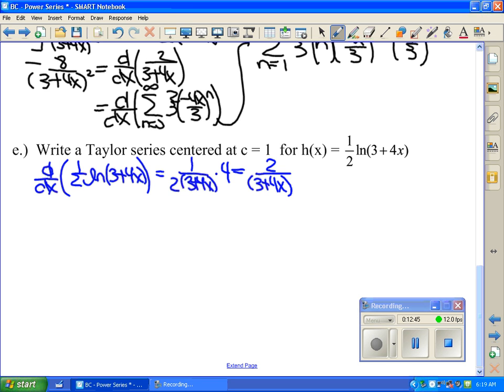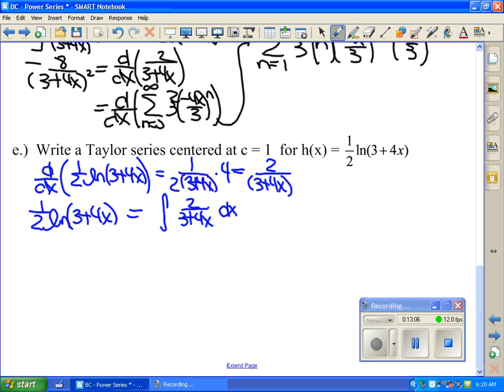So if the derivative of 1/2 ln (3 plus 4x) is 2 over 3 plus 4x, then 1/2 natural log of 3 plus 4x has to equal the integral of 2 over 3 plus 4x.